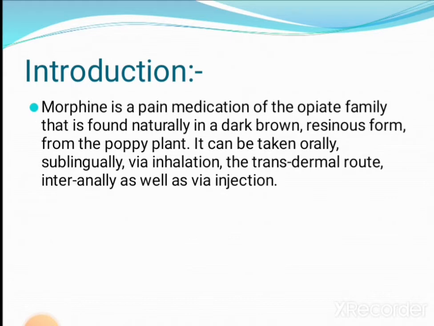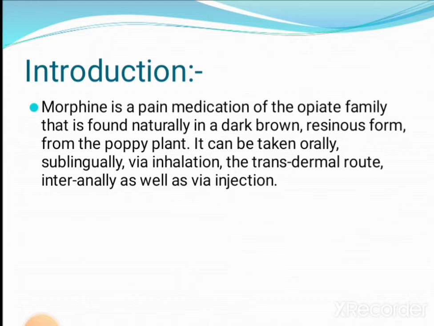Introduction. First of all, I tell you that morphine is an alkaloid narcotic drug extracted from opium, a powerful habit-forming narcotic used to relieve pain. And then we can read it. Morphine is a pain medication.